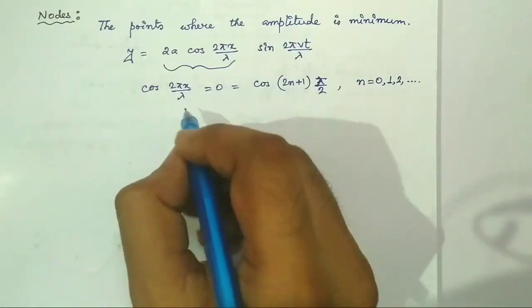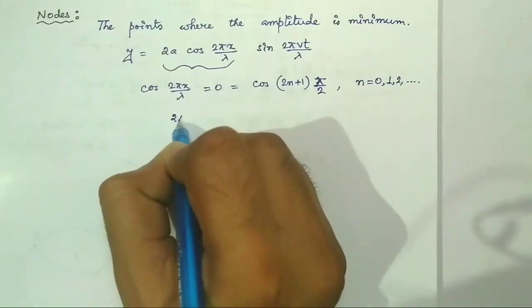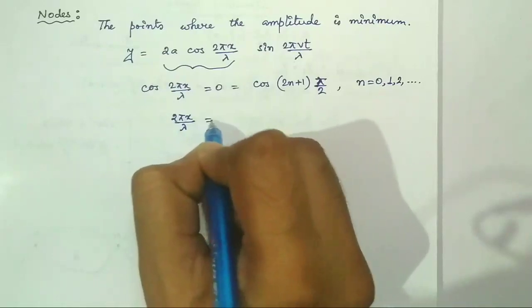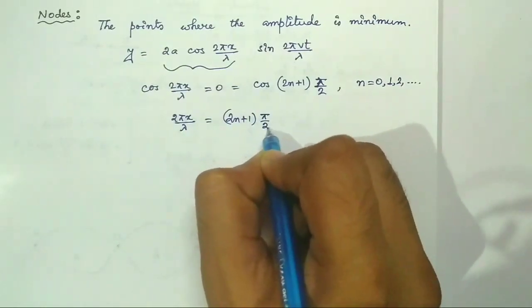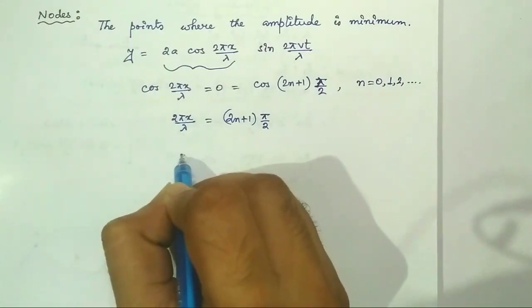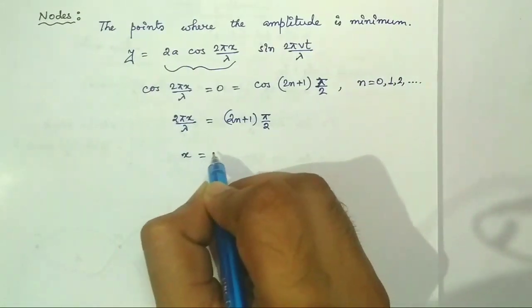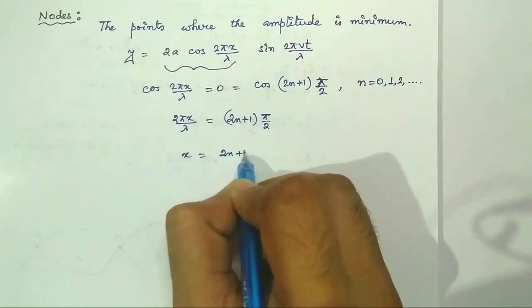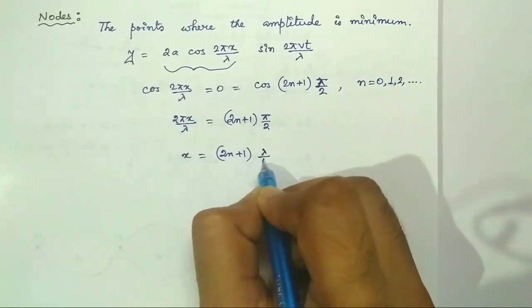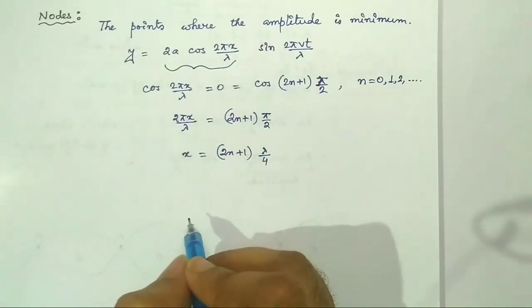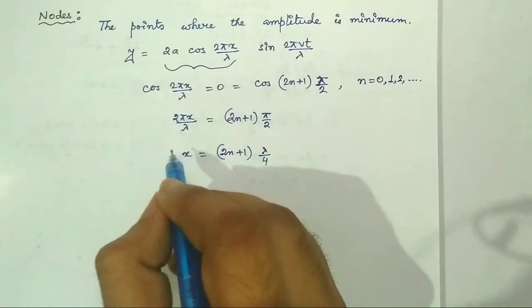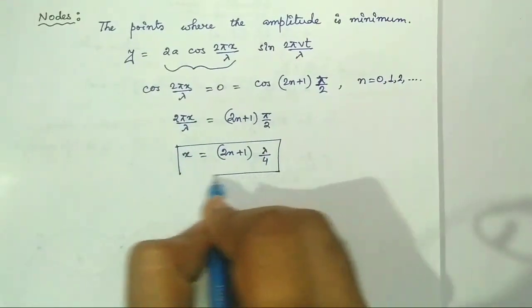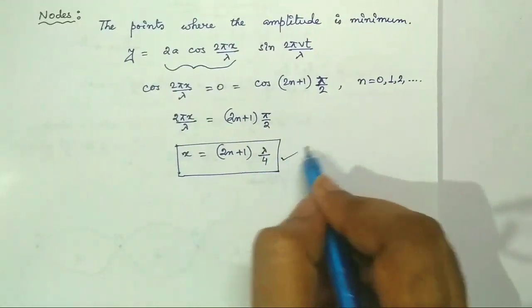Now comparing these two sides, we can write 2 pi x by lambda equal to (2n plus 1) into pi by 2. From this we can write the value of x as x equal to (2n plus 1) into lambda by 4. That is where the nodes are situated. Now put n equal to 0, 1, 2 and so on in this equation.